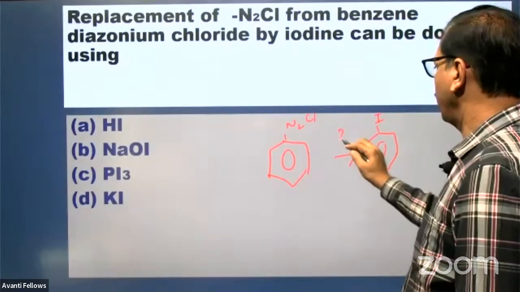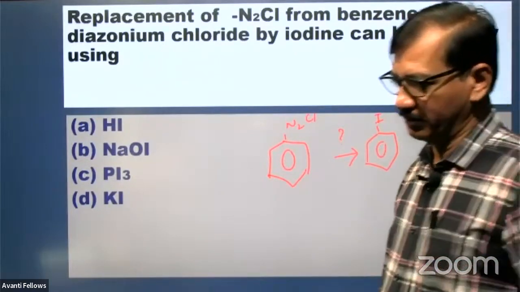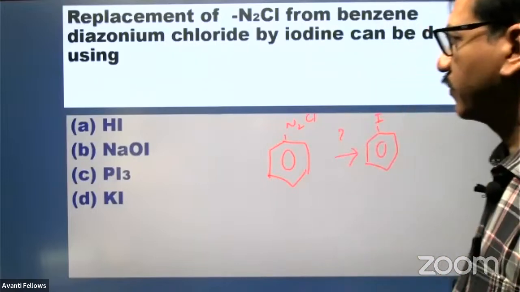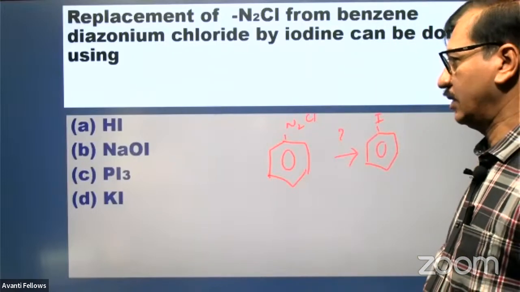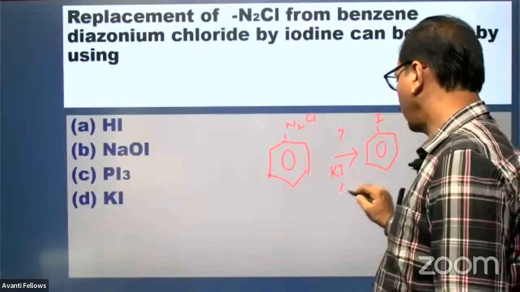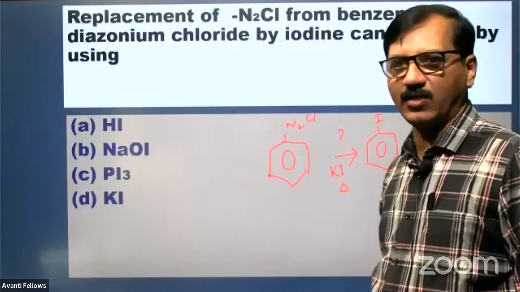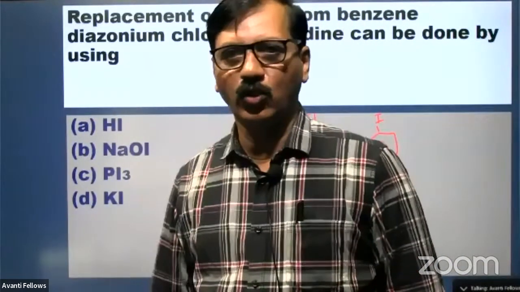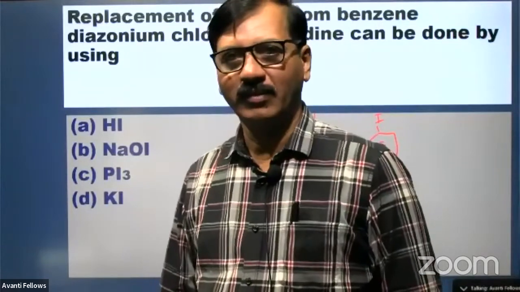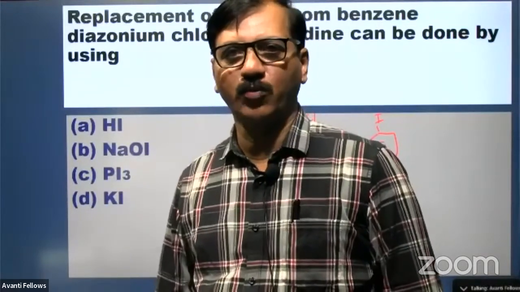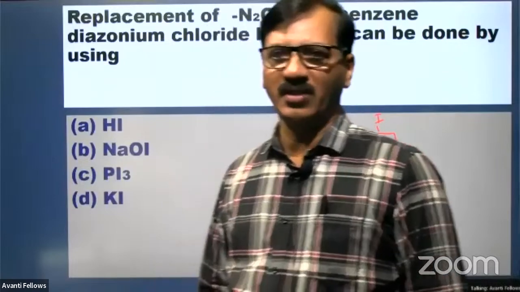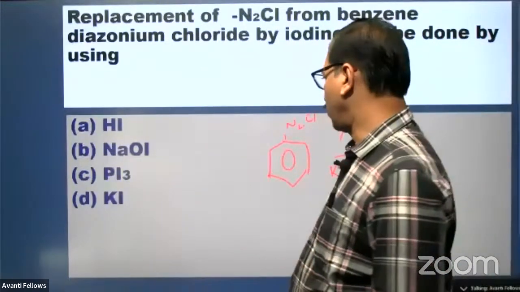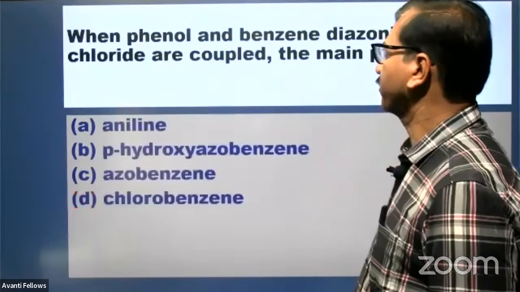What is the reagent used? It is KI and heat, which will give iodobenzene. For getting chlorobenzene, CuCl, HCl; bromobenzene, CuBr, HBr. But for iodobenzene, KI and heat. Therefore D is the answer.